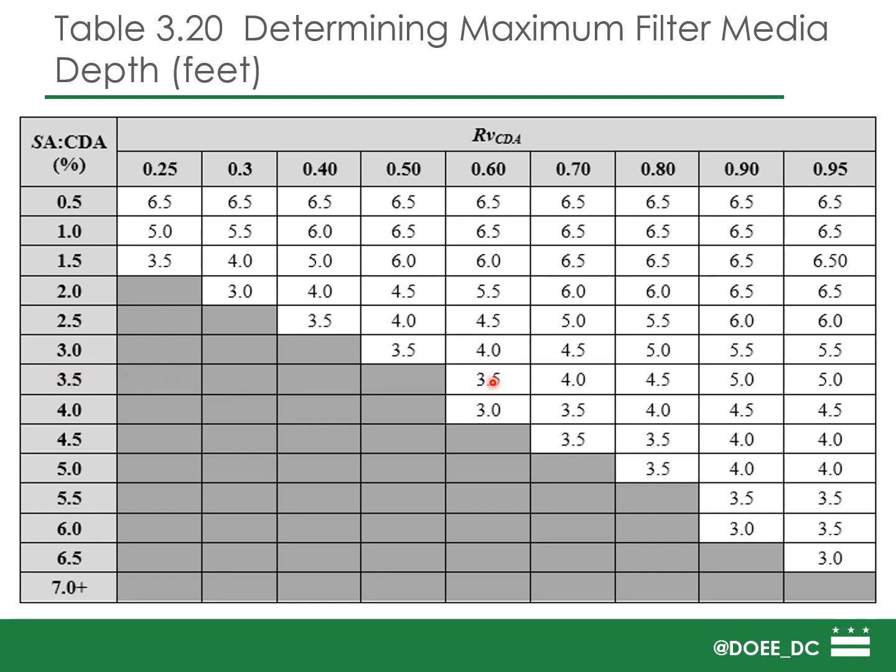So you would look across in that row and then look down the column for 0.95, and you'd find that you have a maximum filter media depth of 5 feet. So the modeling shows that anything past that 5 feet is essentially not going to be used in the storms, and that would be kind of wasted depth. So the maximum is set at 5 feet.